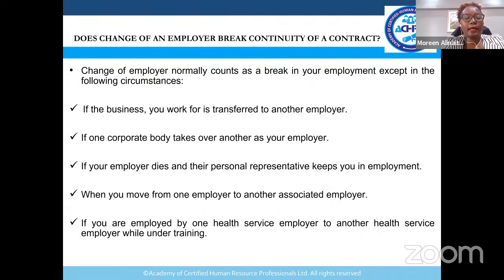So under normal circumstances, if you change an employer, the continuity of a contract is broken, except in the circumstances below.